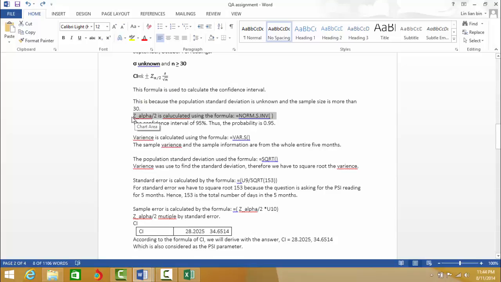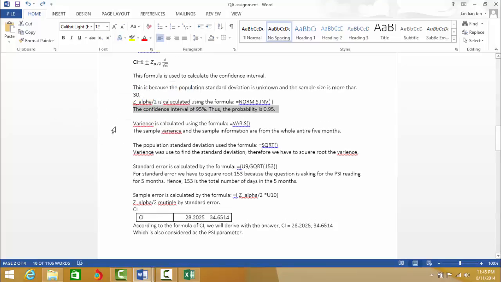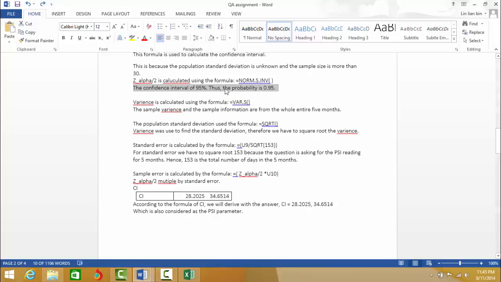In order to calculate, we have to find the Z alpha over 2, which is calculated using the formula. The given confidence level is 95%, thus the probability is 0.95, and variance is calculated using the formula. The sample variance and the sample information are from the whole entire 5 months, which is given to us in the text.